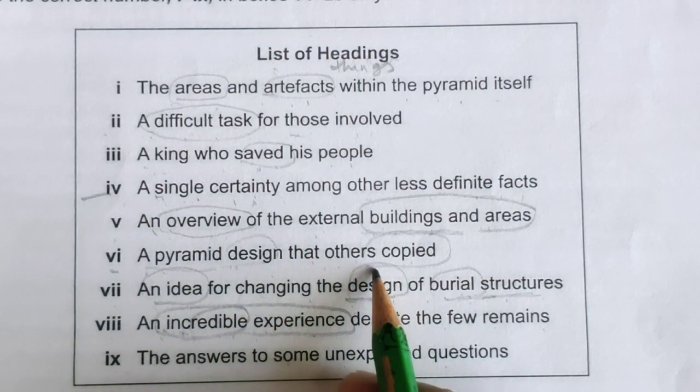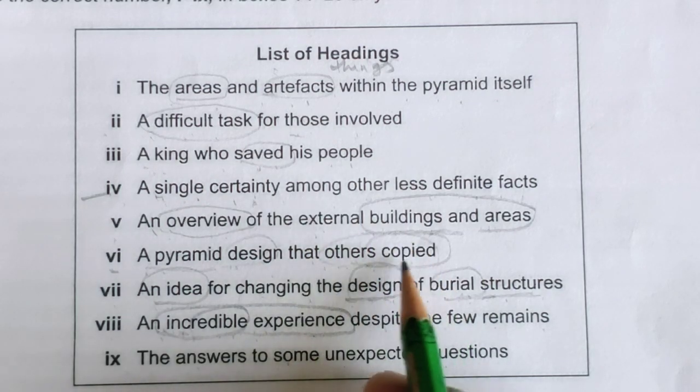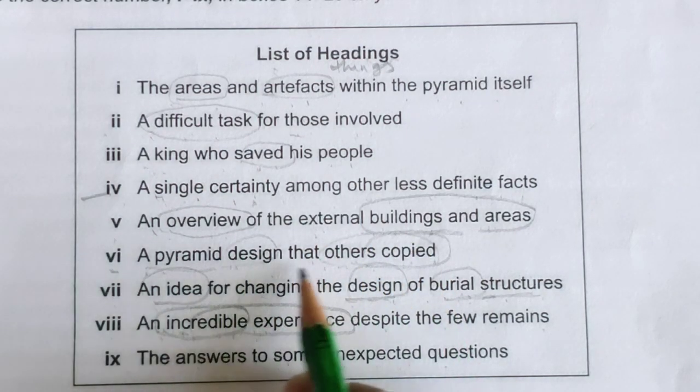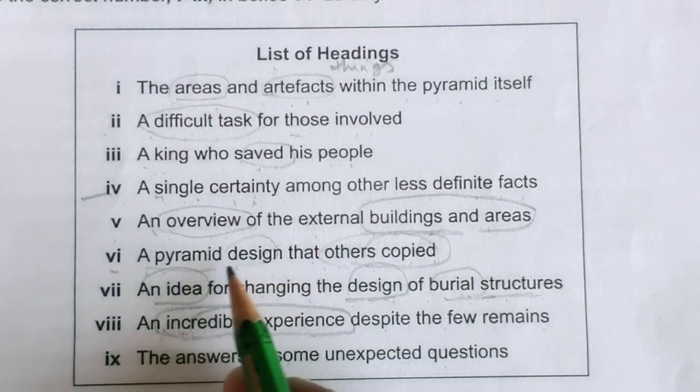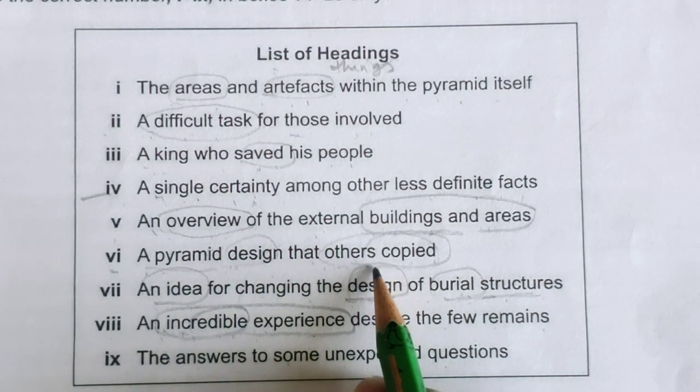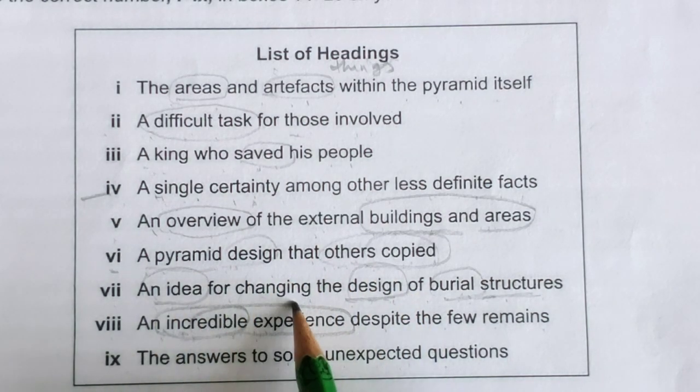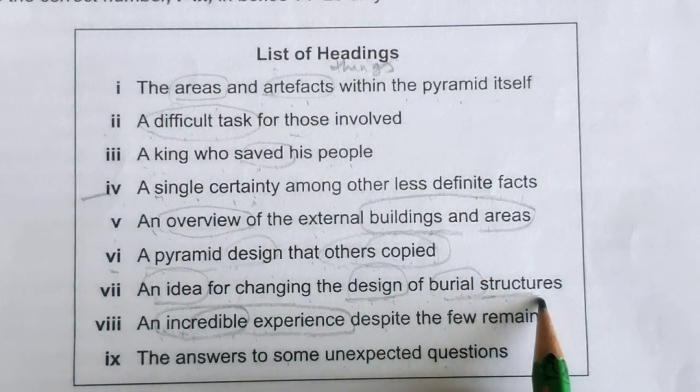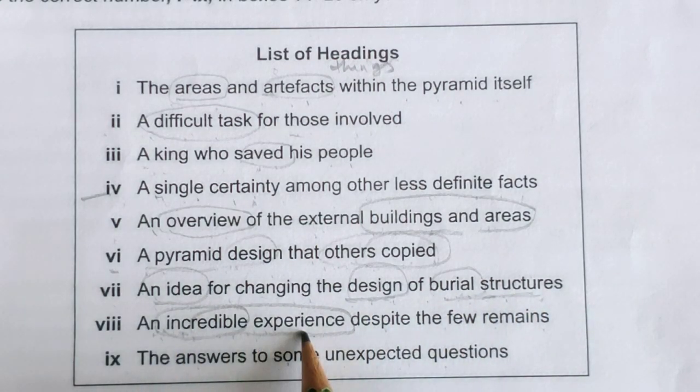So it was given, but the word "copied" was not there, and indirectly they were not talking about that pyramid design that they copied. An idea for changing the design of the burial structures. No. An incredible experience despite the few remains. Nothing was like that. The answers to some unexpected questions were also not there.